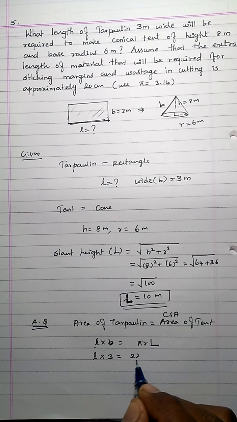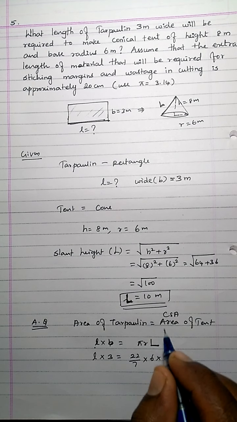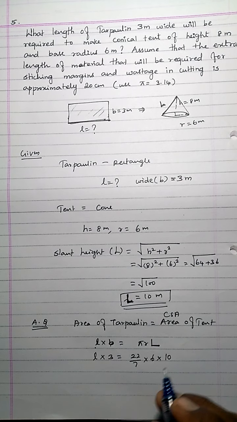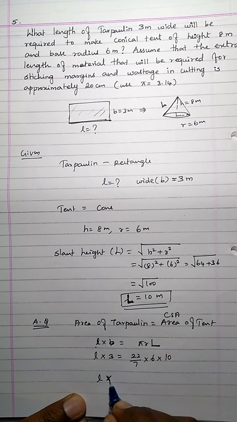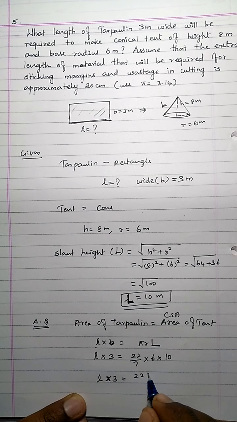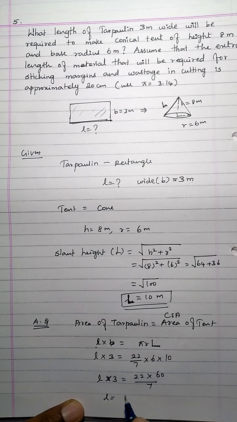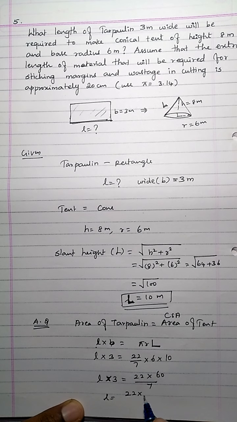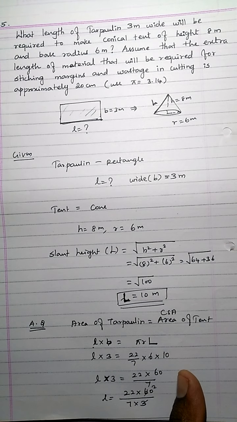So pi value 22/7, radius is given here 6, into slant height we got here 10. Now l into 3 equal to 22 into 6 into 10 divided by 7, that is 1320/7... Now if you want l, just take this 3 to the other side: 22 by 7 into 60 into 1/3.